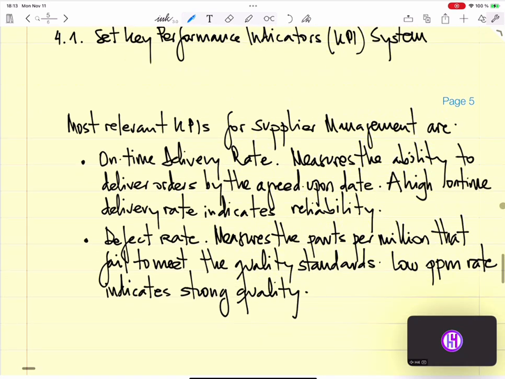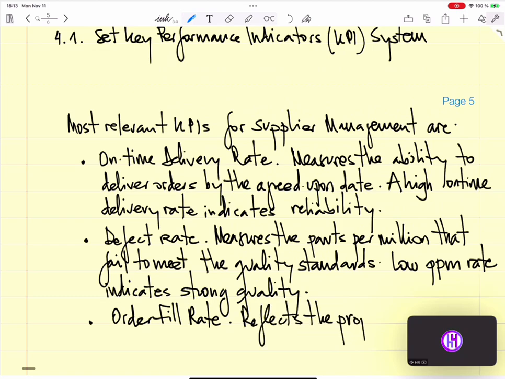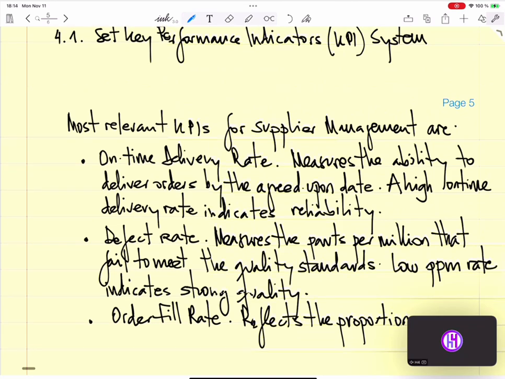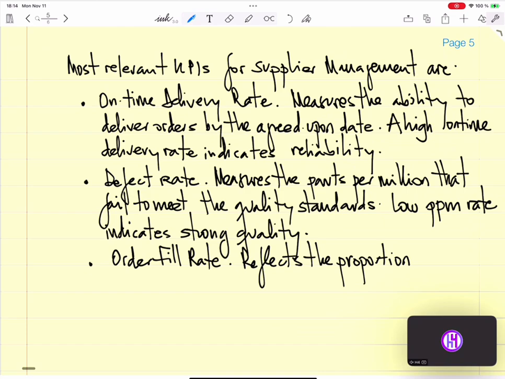So the next one would be the order fill rate. Reflects the proportion of ordered items that were filled in full.